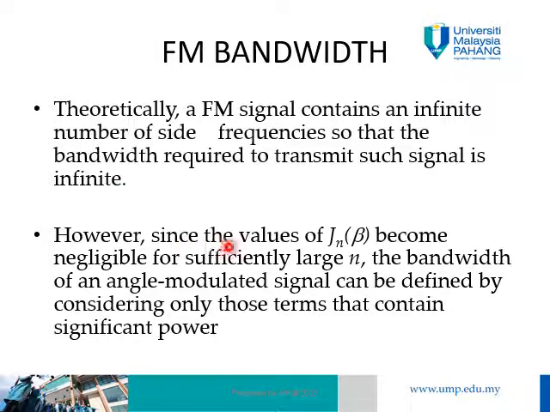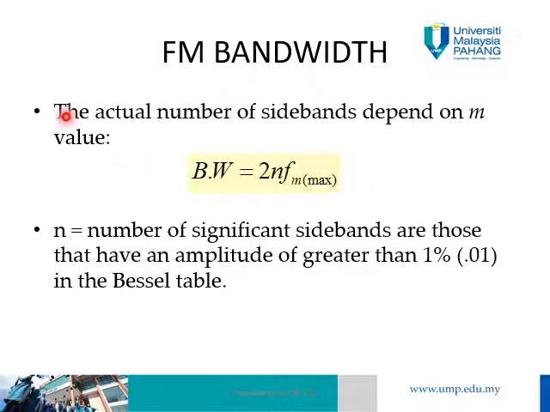However, since the value of Jn of beta becomes negligible for sufficiently large n, the bandwidth of an angle modulated signal can be defined by considering only those terms that contain significant power, or significant sidebands. The actual number of sidebands depends on the modulation index value. So we have seen in the table just now.